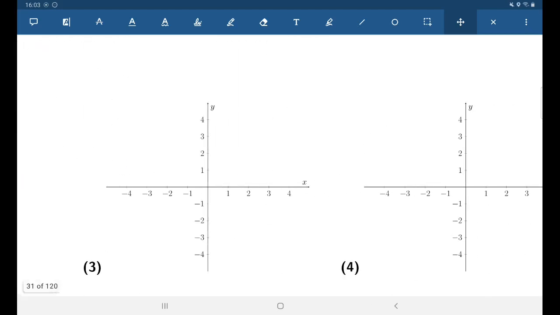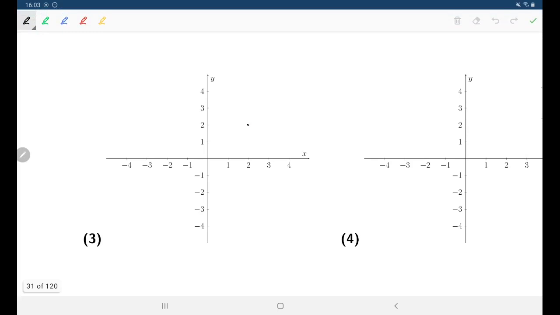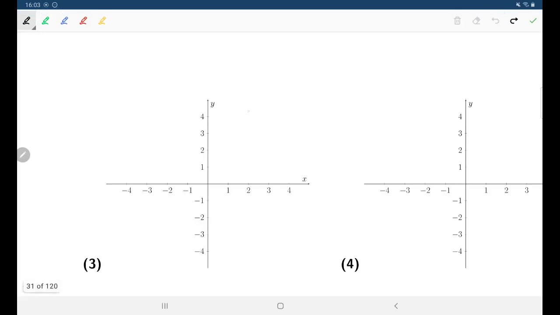So the first point, which was originally 2, 2, I'm multiplying that y value by 3 to give me the point 2, 6. I had the point 1, 1. I've multiplied the y value by 3 to get me the point 1, 3. And I had 0, 1 half. When I multiply that y value by 3, that gives me 3 halves, which is the same thing as 1.5.